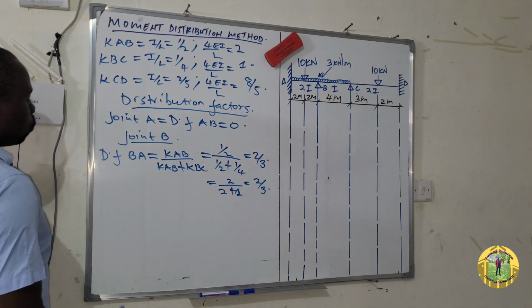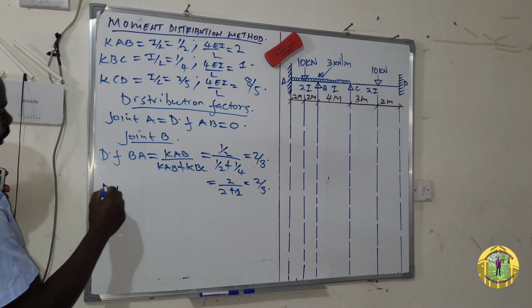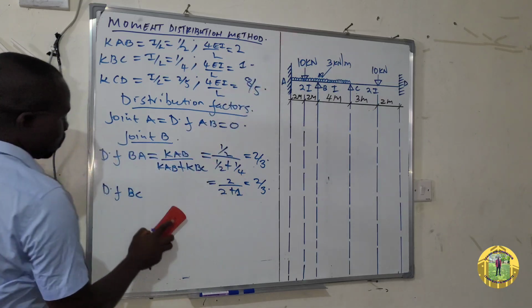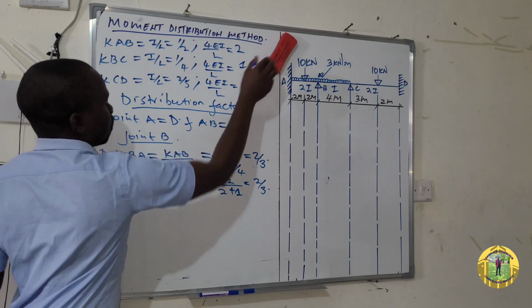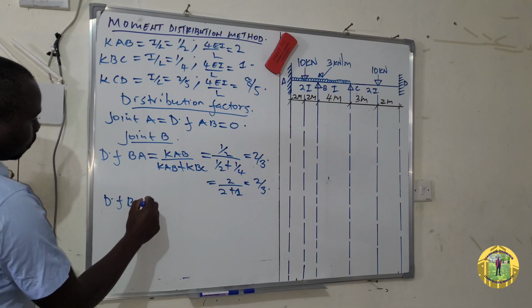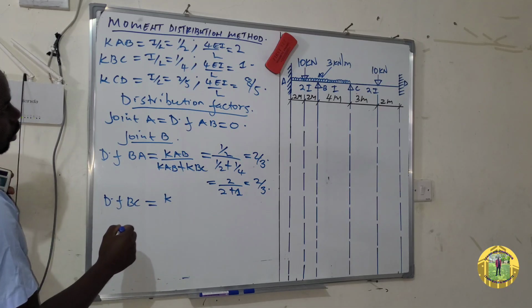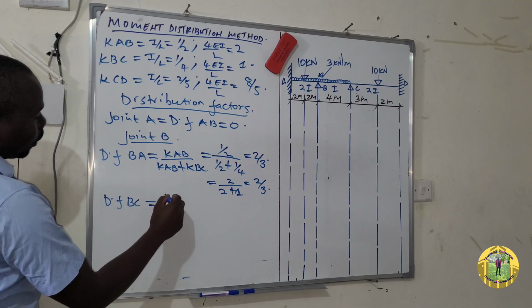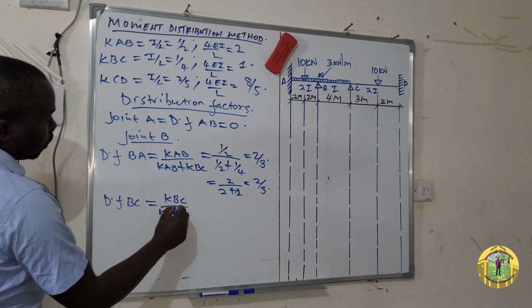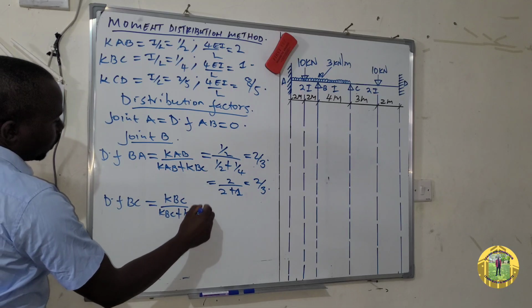And then we proceed to distribution factor BC. So for BC, DFBC is equal to KBC all over KBC plus KBA.